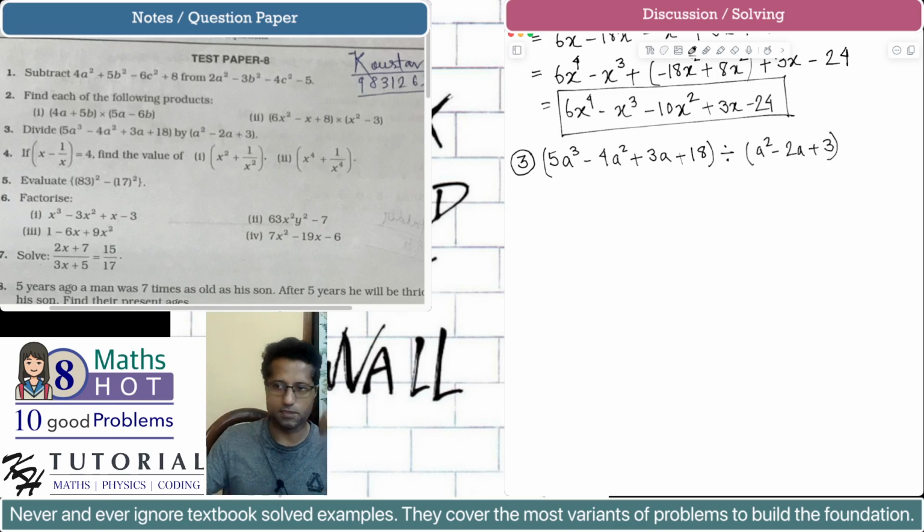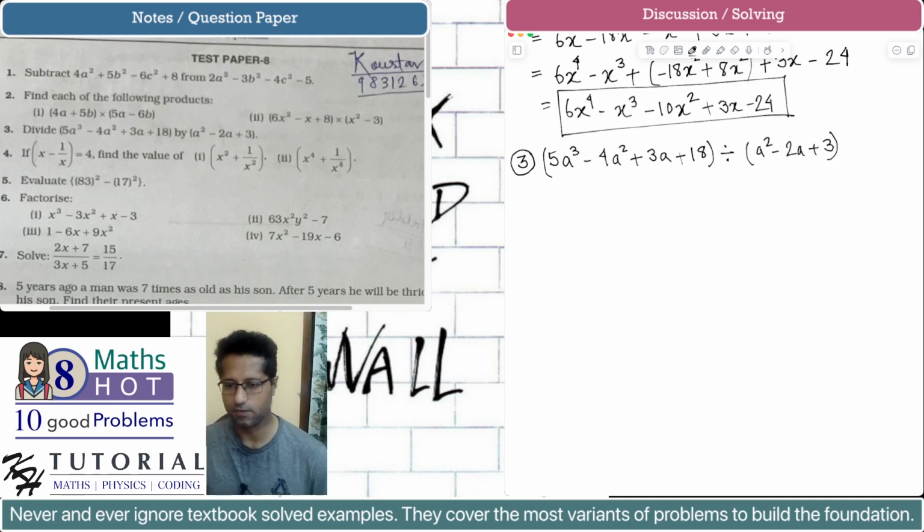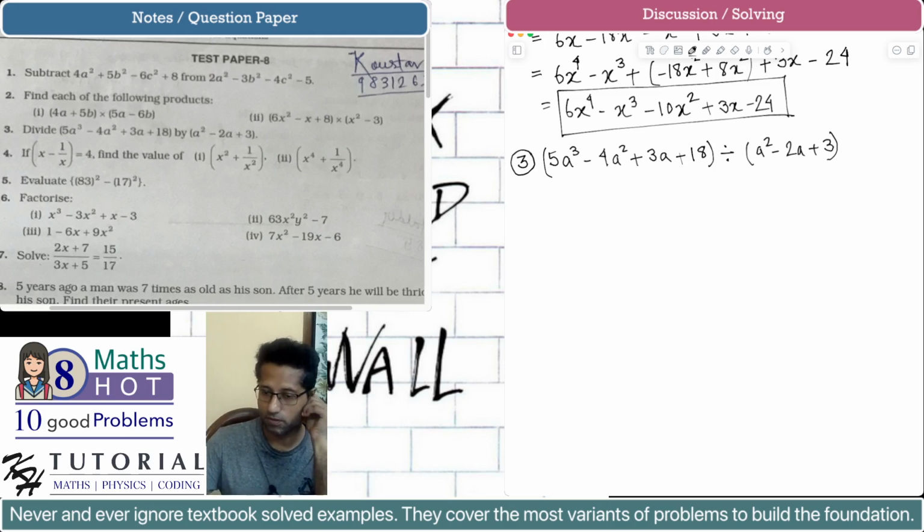Now in this kind of division problem, if you can factorize both the dividend and the divisor, you always do that first. It is highly recommended to factorize the dividend and divisor if it can at all be factorized. If you cannot, then you can proceed with the long division method. But if you can factorize, then probably a lot of factors will get cancelled out from the dividend and divisor, and it will be easier to solve.